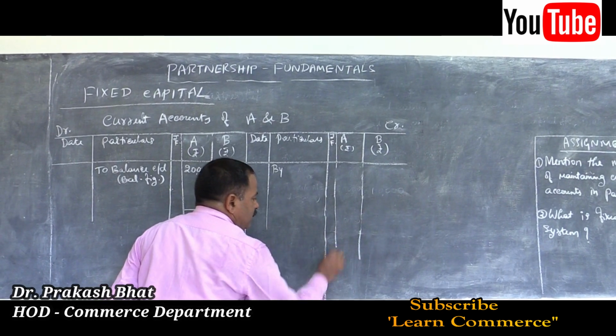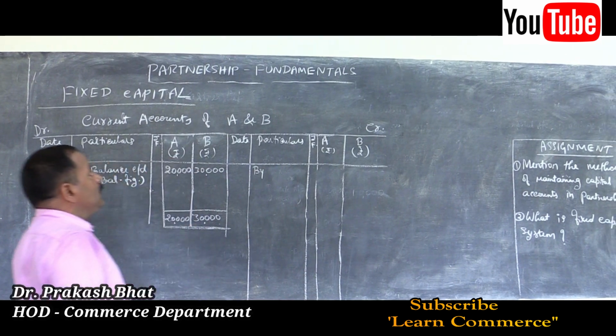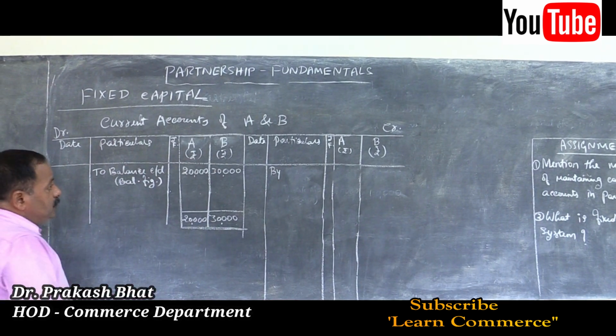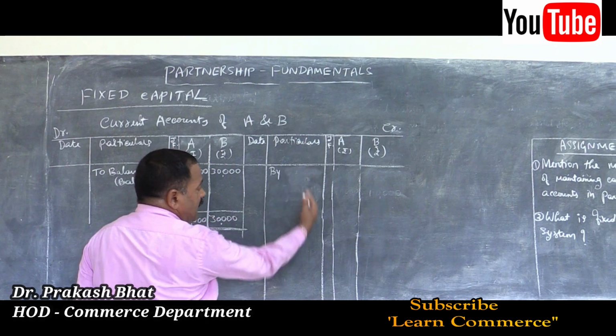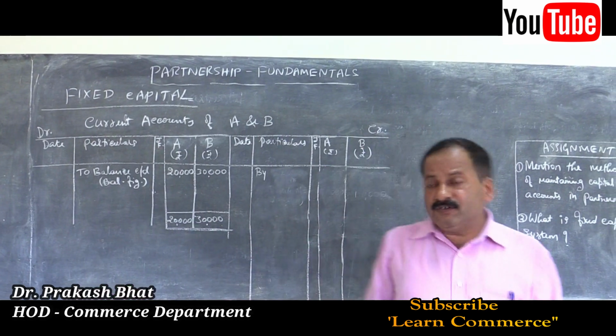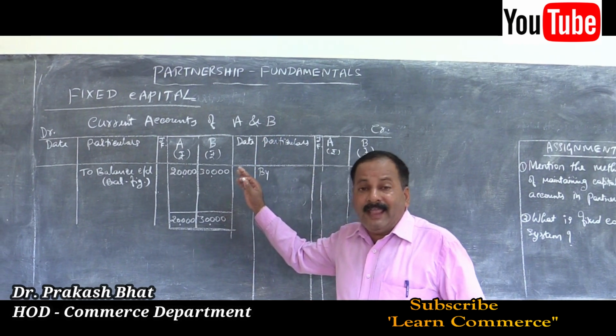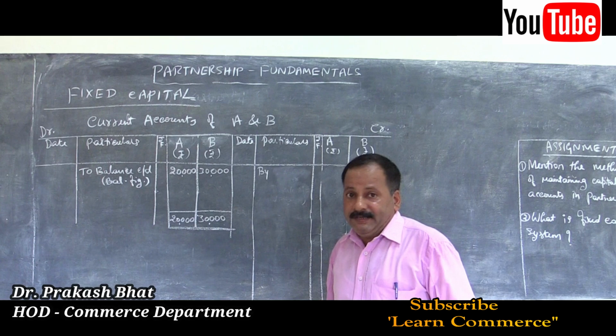If there are adjustments, then we have to make entries here in the current accounts of partners, as I already told you. So what are the entries that will appear on the credit side? Remember, this is the amount payable to the partners or the amount recoverable from the partners.